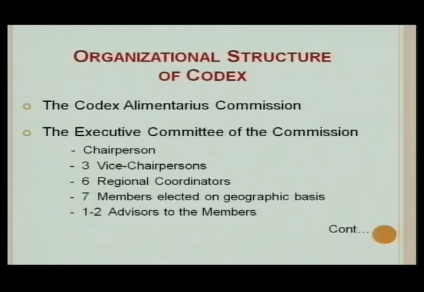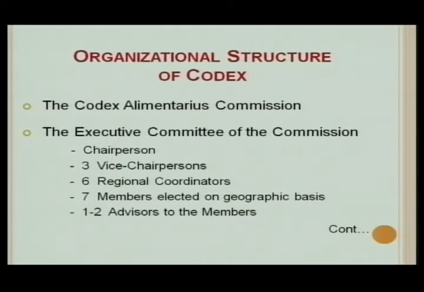So essentially it is the chairperson, the 3 vice chairpersons, 6 regional coordinators and 7 members elected on geographic basis, 17 members of the executive committee. The chairperson and the 3 vice chairpersons are also the chairperson and vice chairpersons of the Codex Alimentarius Commission. This is the broad organizational structure of Codex.